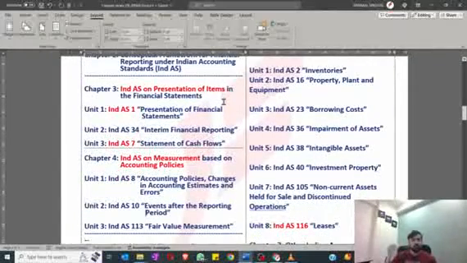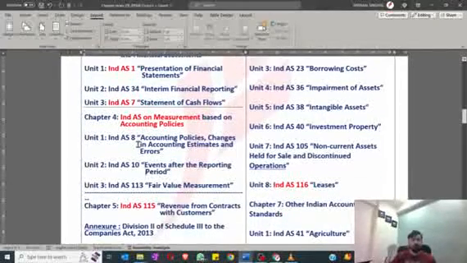Third chapter consists of 3 Indian Accounting Standards, under the heading of Ind-AS on presentation of items in the financial statements. Ind-AS 1 is presentation of financial statements. Ind-AS 34 is interim financial reporting. Ind-AS 7 is cash flows, statement of cash flows.